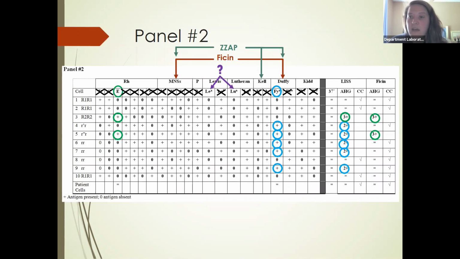So we definitely have 3 positives and 3 negatives for our Duffy A. However, for our anti-big E, we only have 2 positive cells, 3 and 5. So if you have a big E positive cell in your IAT, then you could use that cell and that would reach that 95% confidence level. But just based off of the results that we have here, we have not achieved that 95% confidence level for the identification of anti-E yet.